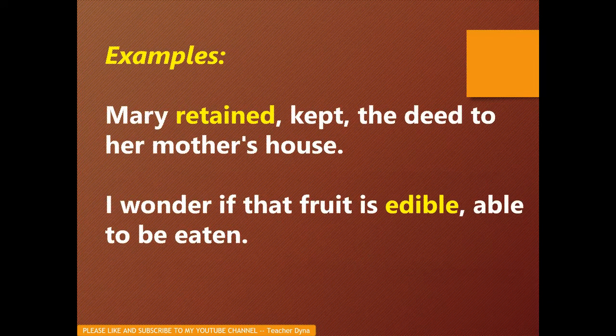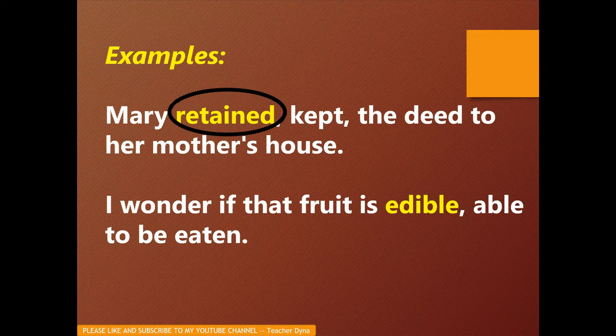To better understand, we have here some examples. Mary retained, kept the deed to her mother's house. In this sentence, let us define the word retained. How do we define the word retained? With the use of the context clue, we will be able to know the meaning of retained.